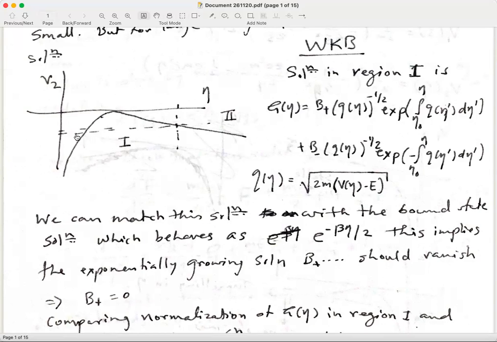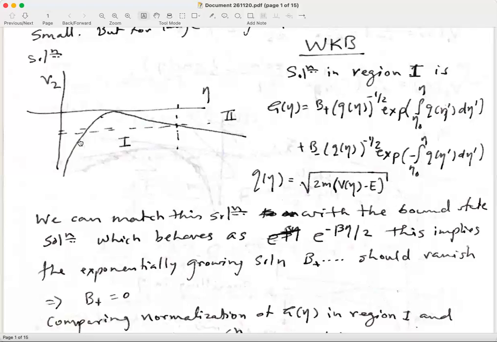Then you really have to do a more rigorous WKB approximation by drawing some small region around the classical turning point, making a linear approximation, writing down the Airy function problem, and matching the oscillatory part of the Airy wave function on the bound state side and the exponentially decaying part of the Airy wave function on the barrier side.